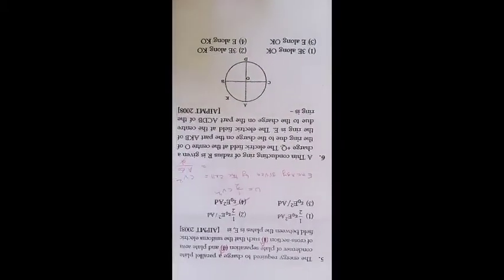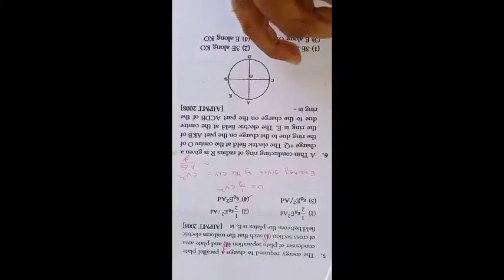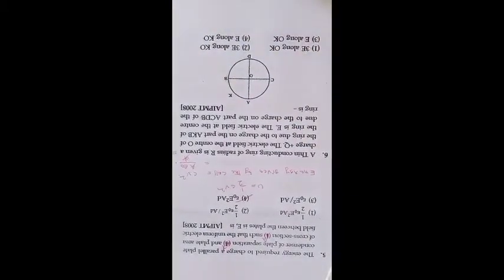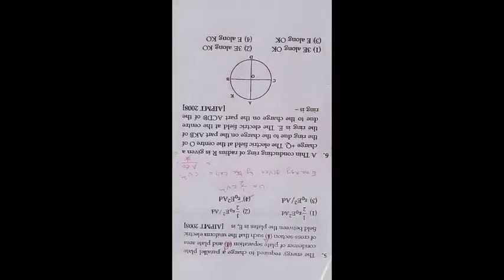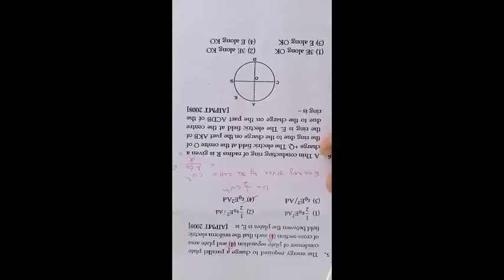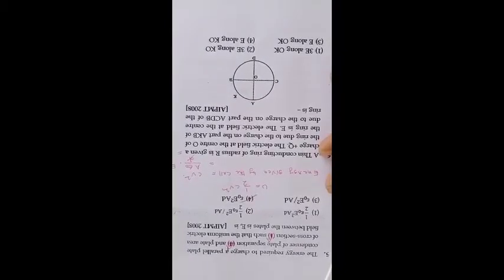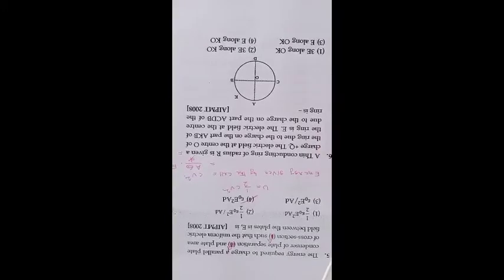Next, see the sixth question. A thin conducting ring of radius R is given a charge Q. The electric field at the center of the ring due to the charge on the part AKB of the ring is E. The electric field at the center due to the charge on the part ACDB will be how much? Simple question only, just to confuse you they asked.